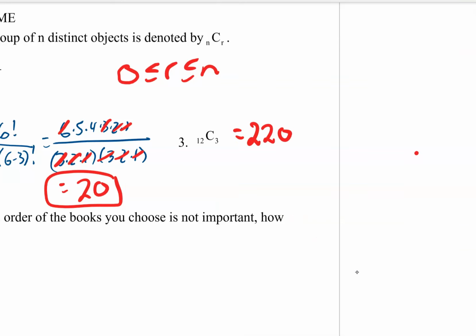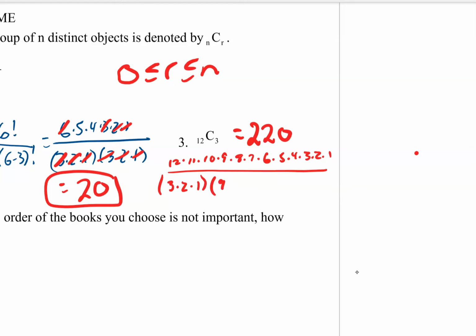Let's check that work against doing it by hand. This would be 12 times 11 times 10 times 9 times etc., divided by 3 factorial times 12 minus 3, which is 9, so 9 factorial.